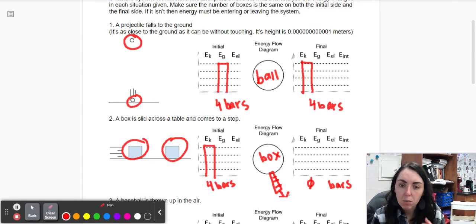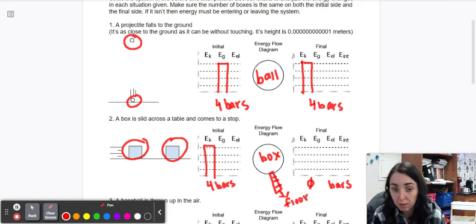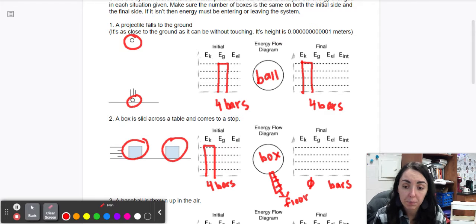Where did that energy go? Well, what slowed down the box? Friction slowed down the box. So it must have been going to the floor. So energy left the box and went to the floor, because the floor is what was slowing down the box. That's why it stopped. It was friction from the floor. Now, this is 4 bars, and I might even write minus 4 bars here.